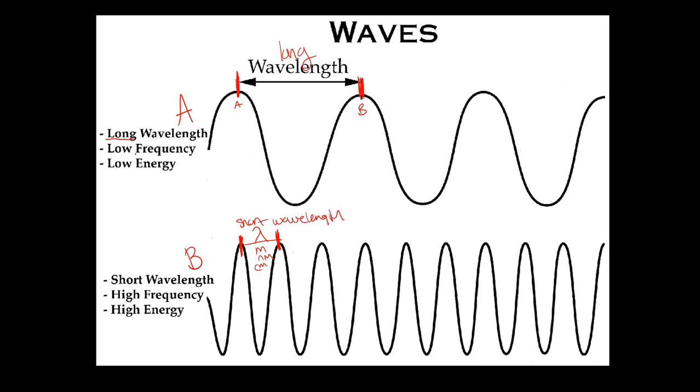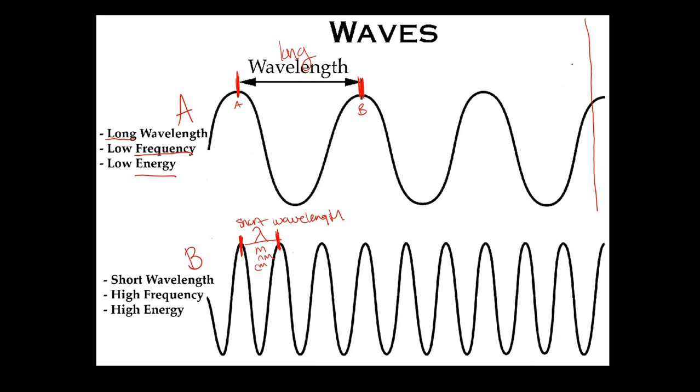Then we're going to see the words frequency and energy. Energy is the amount of energy created from this wave, and frequency is how quickly the wave is moving. In order to look at frequency, we would put an imaginary wall here, and we're assuming that these are both moving at the same speed.